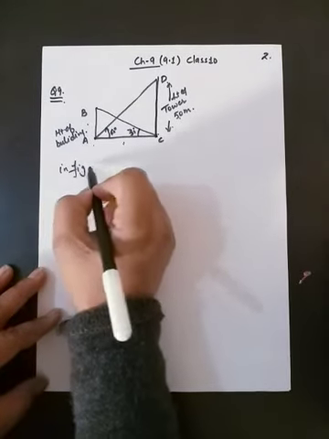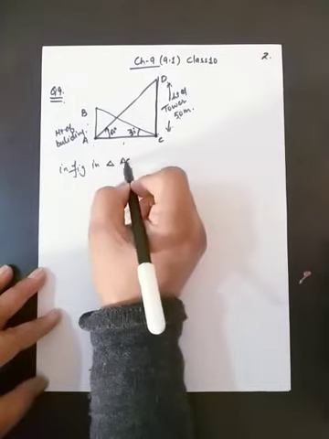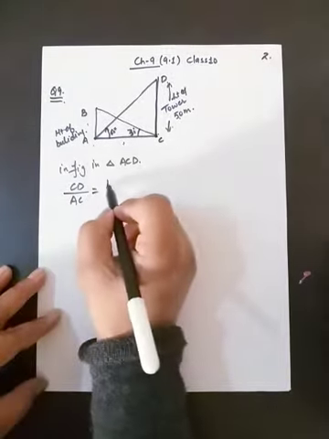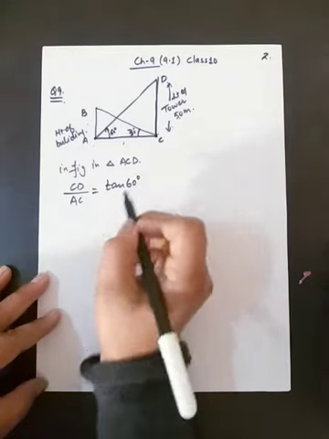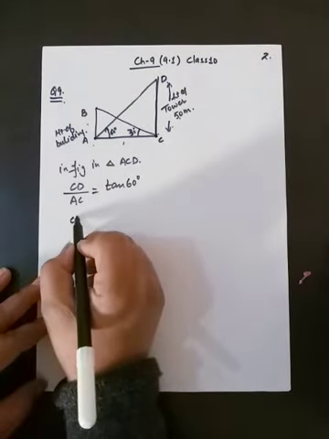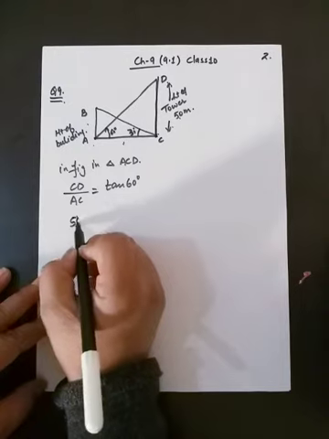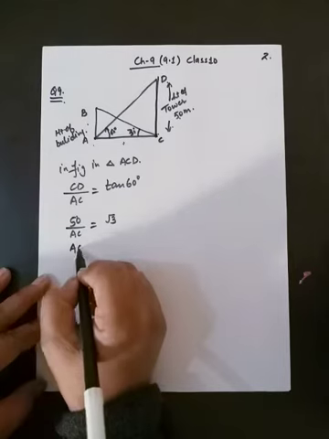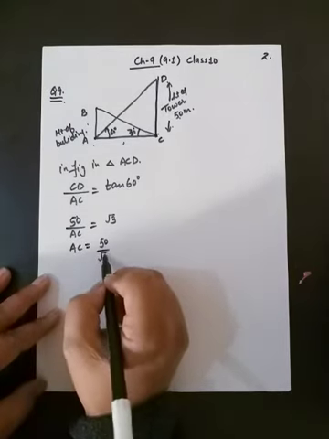So in triangle ACD, CD by AC, now the angle is 60 degree. So CD is given, that is 50 by AC is equal to root 3. Therefore AC will be 50 by root 3.